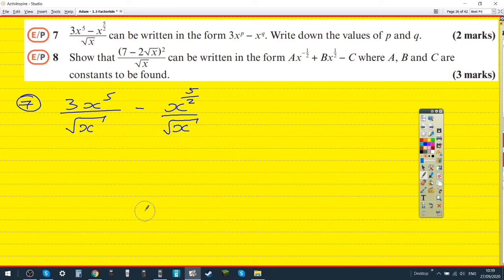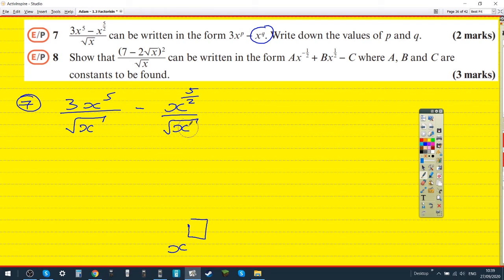So would the first fraction become 2x to the power of 4? Would that be incorrect? Let's start with the second fraction. We're aiming to get it as x to the power of something.